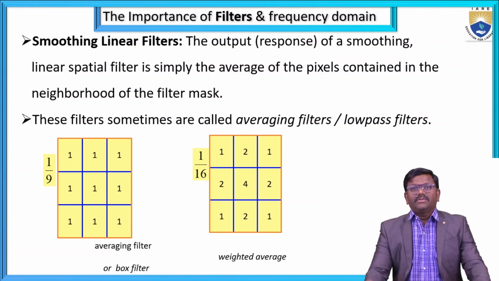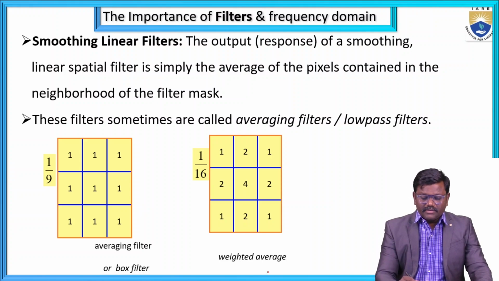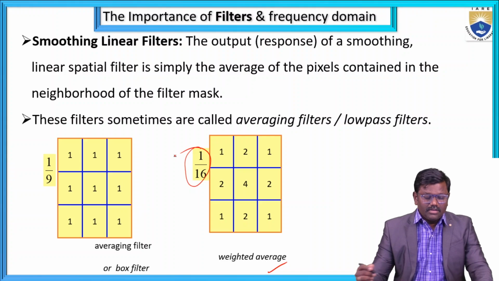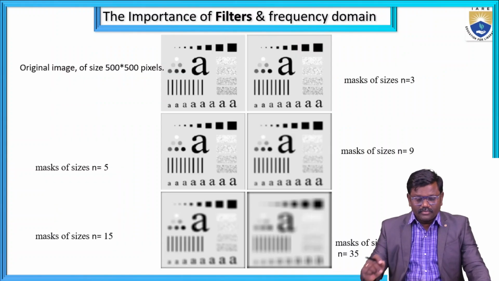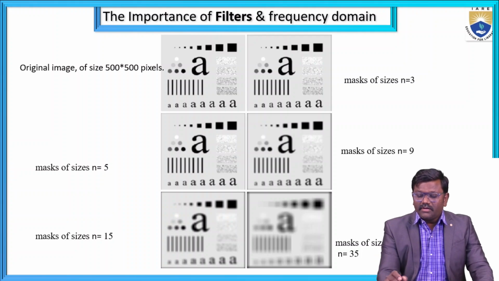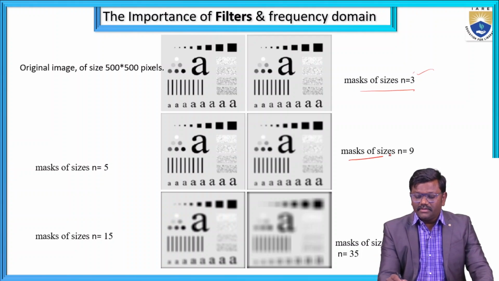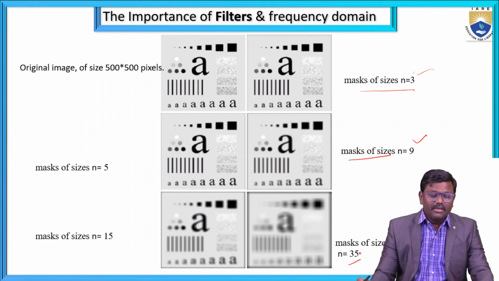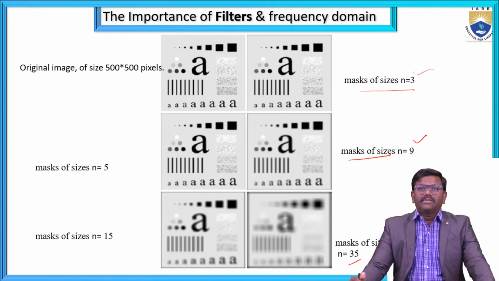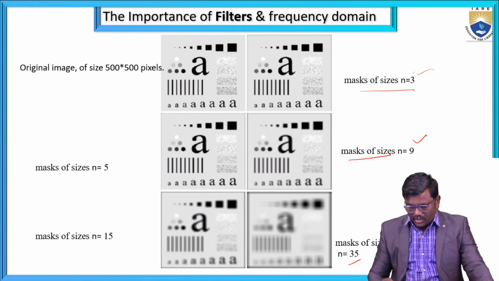An average filter means you take the average value of the total based on the matrix values. For example, you want to find such masks of size n equal to 3, and masks of size n equal to 9 and 35, so that you can compare against the original image in terms of the enhancement method.